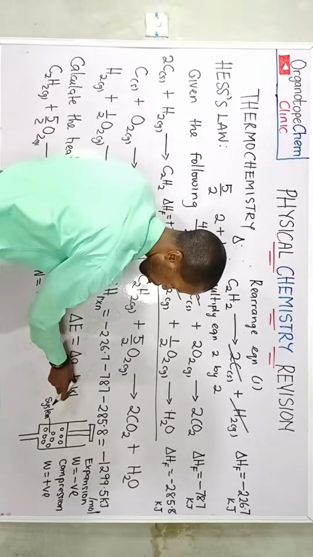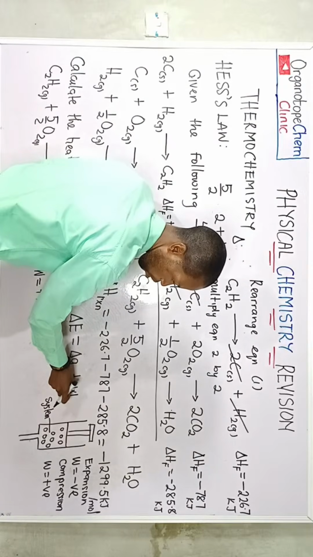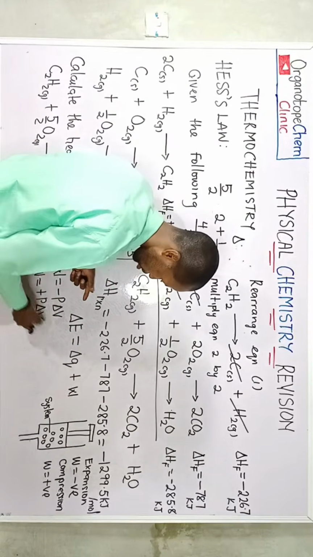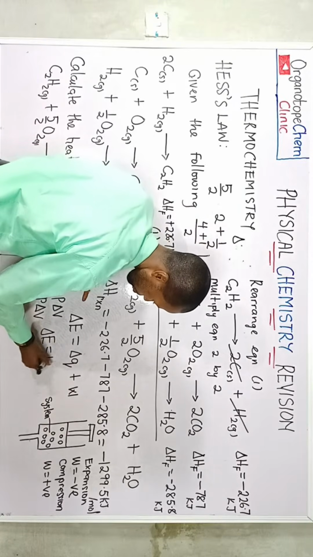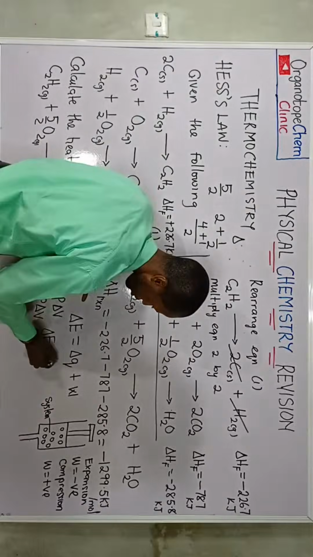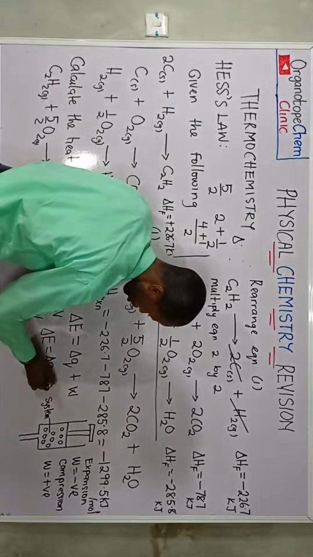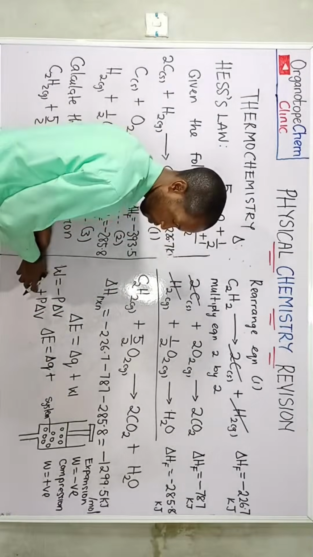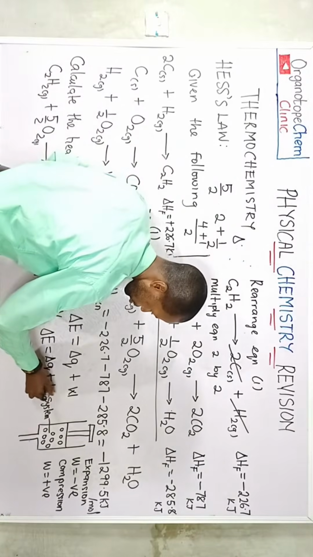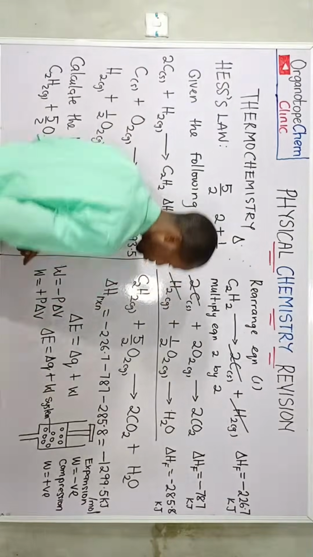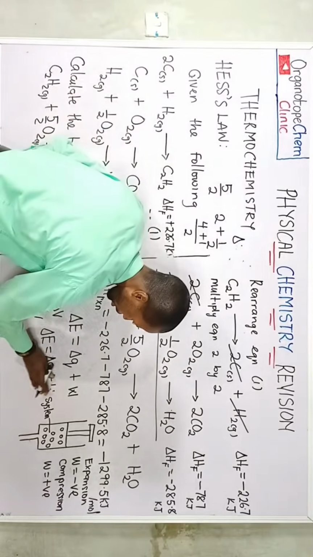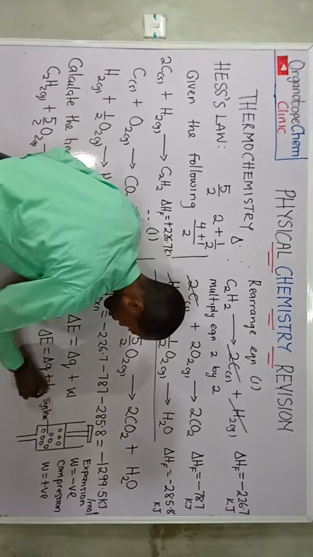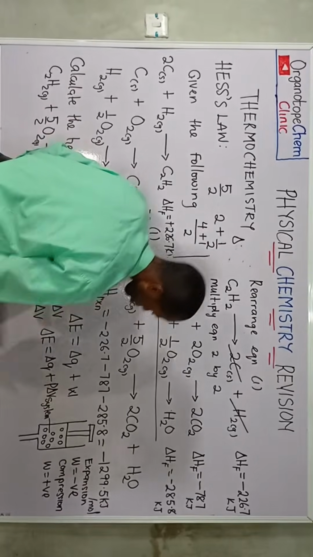So in place of the work here, I can substitute what? Pressure volume. Delta Q plus what? For the expansion, I have W right here, then I have P change in V.